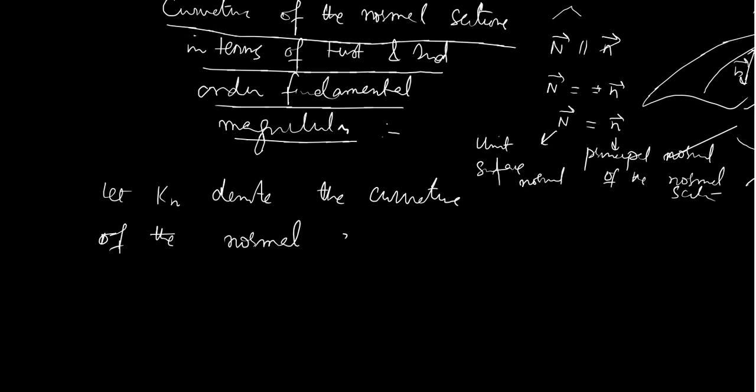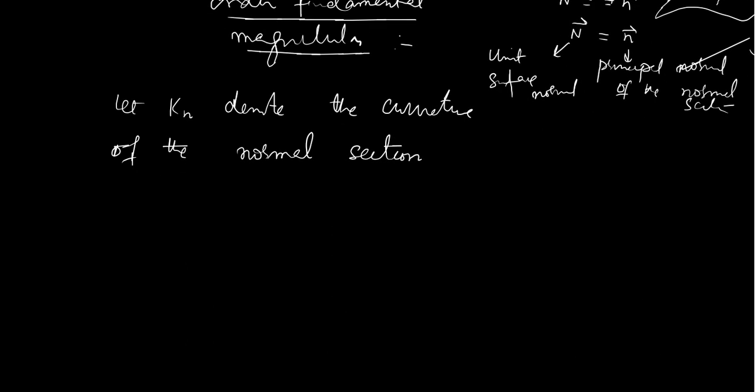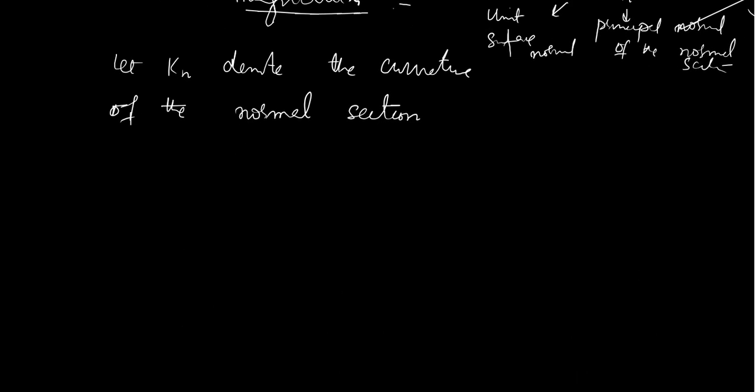If that is the case, then we know, and let me write it down, that T dash is equal to k times n.